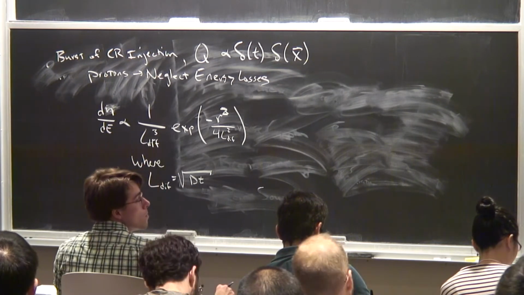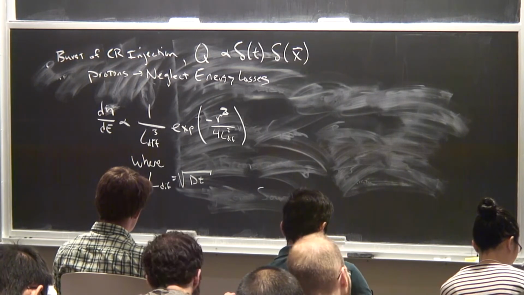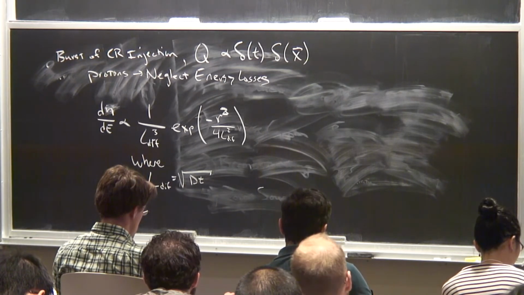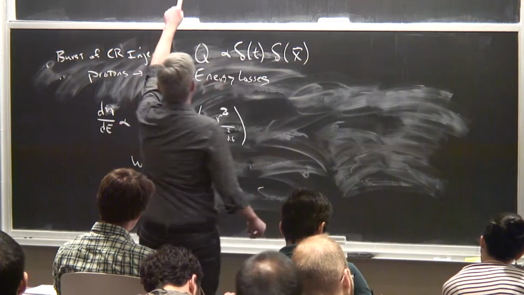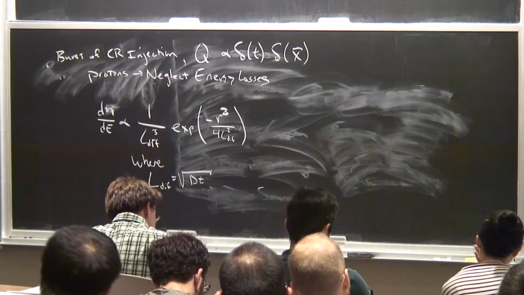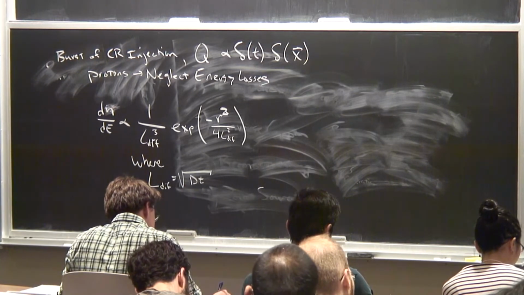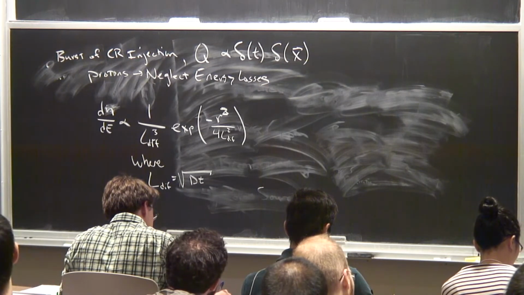L_diff, DIF is the subscript for diffusion. It's the diffusion length scale, and it's the square root of the diffusion, that's the D up there. That's the diffusion constant. It's some number, and it is a function of energy.